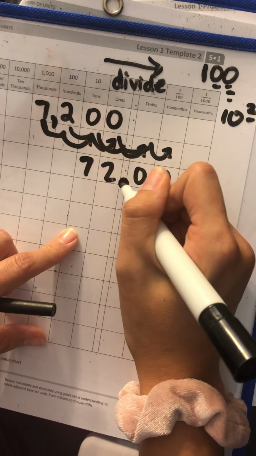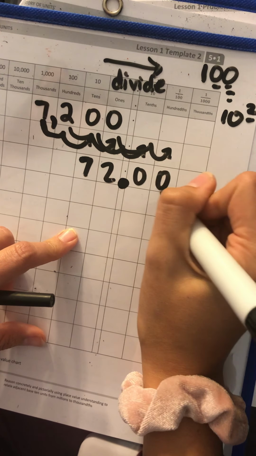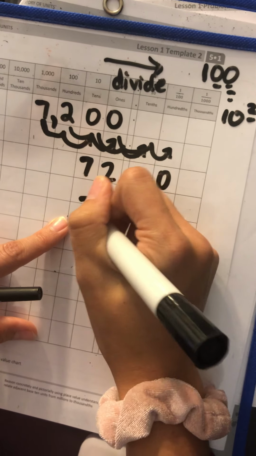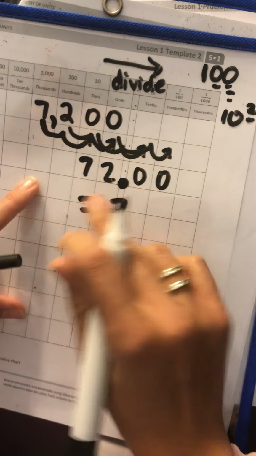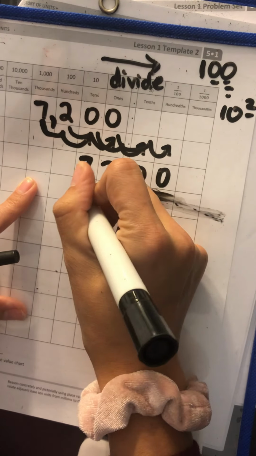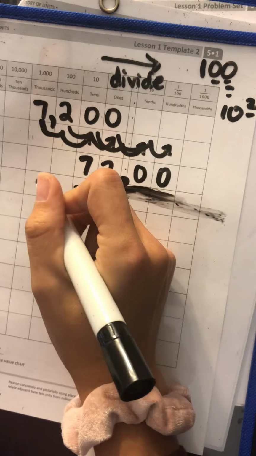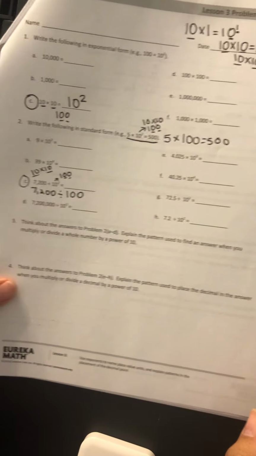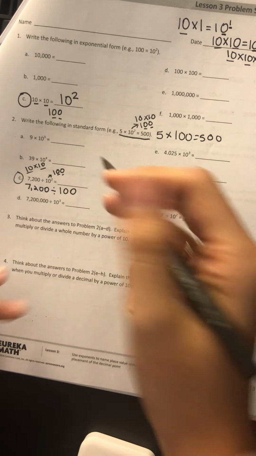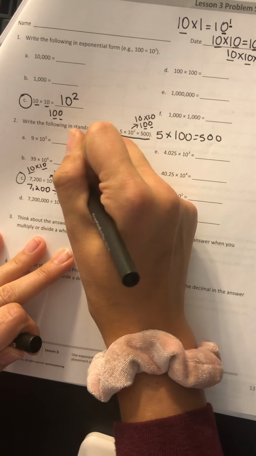That decimal spot represents that all of these numbers are less than 1, so 72.00 is the same as, I'll write that in the right spot, 72. Ignore that giant black mark now. Alrighty, so I got the answer on my place value chart of 72.